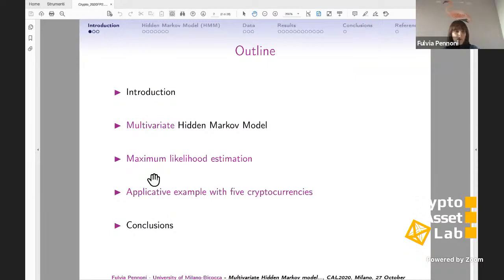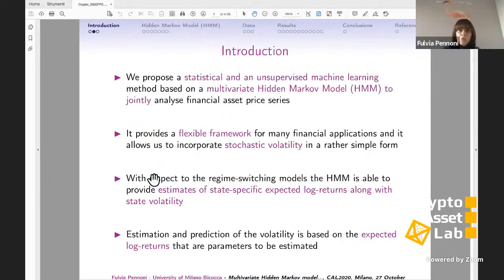Then I will highlight the maximum likelihood estimation of the model parameters, and I will show you the results of the applicative example where we use the log returns of 5 cryptocurrencies. And then I will highlight some conclusions.